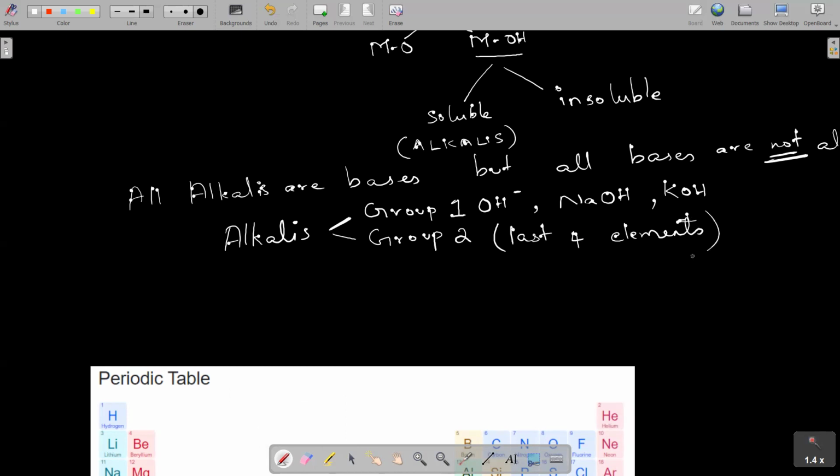So the last 4 elements are alkalis. And another special alkali is ammonium hydroxide. This is also called aqueous ammonia. Okay, so this is the classification of an alkali.